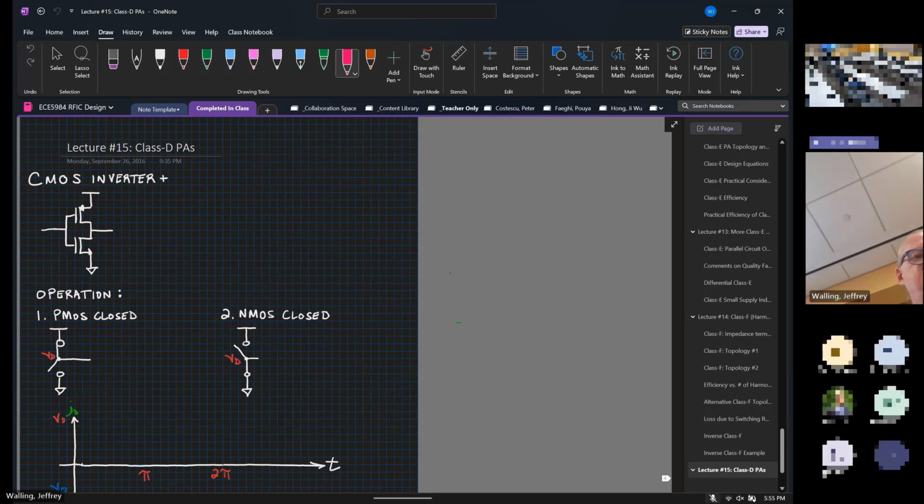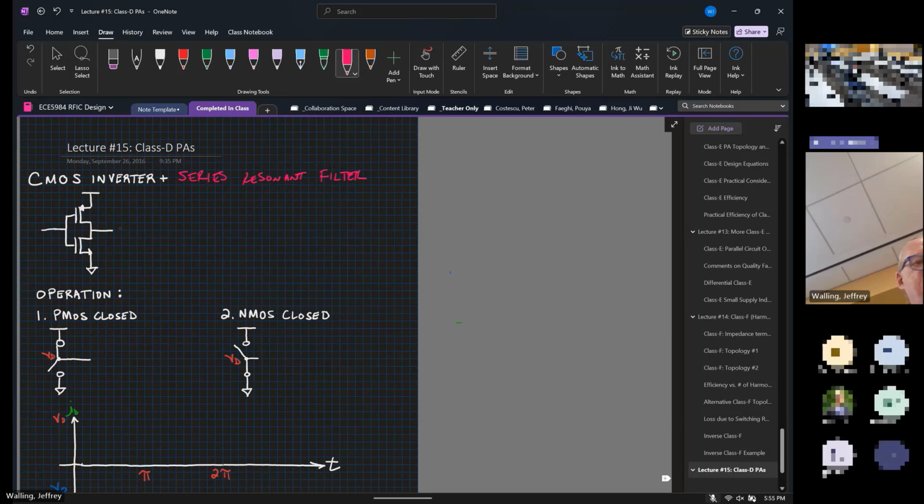All right, so here, class D, just what I said, it's a CMOS inverter in our case with a series resonant network. Now, it could be something other than a CMOS inverter. For instance, when it was invented in the 1960s, there were no CMOS transistors, so we know that it could not have been a CMOS inverter. But nonetheless, the concept, I think, works best with this inverter.